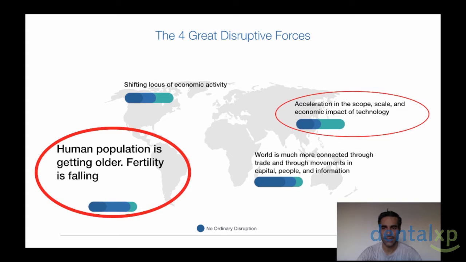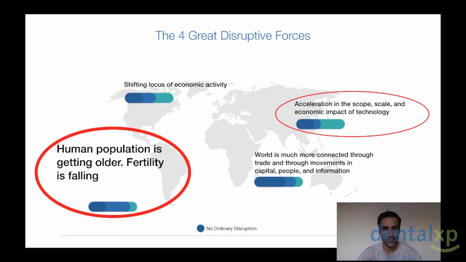One is the acceleration of the scope, the scale, and the impact of technology, because as you know, everything since the year 2007 or 2006 is going to get digitalized, and dentistry is one of the fields that is getting more and more digitalized, and we are going to see how it works today.